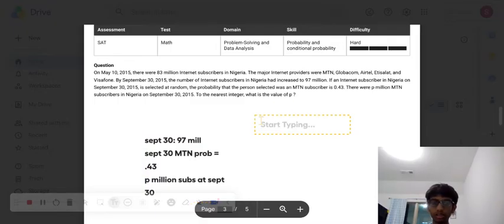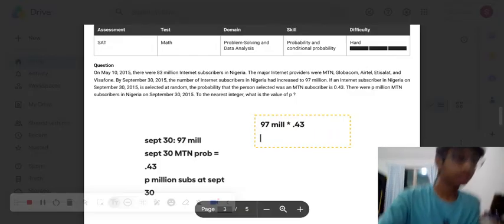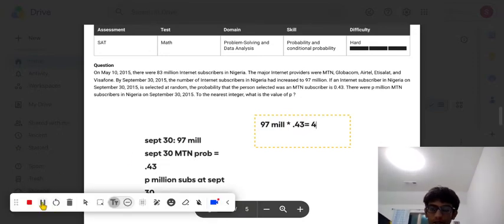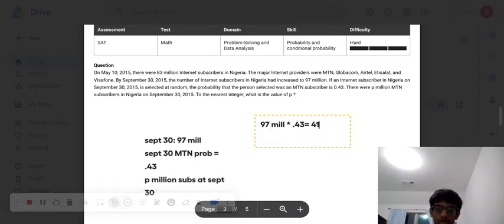What we just need is, given that the total subscribers is 97 million, we do 97 million times 0.43. You can use a calculator for this. Let me see if I have it with me. Yes, I do. So plugging this in, we get 41.71, I believe.